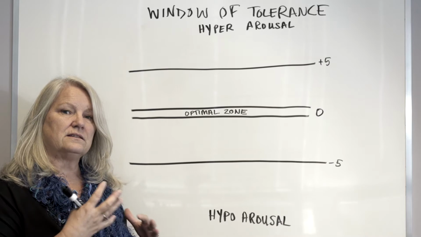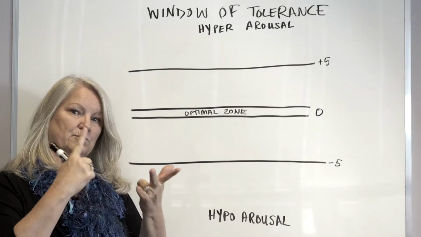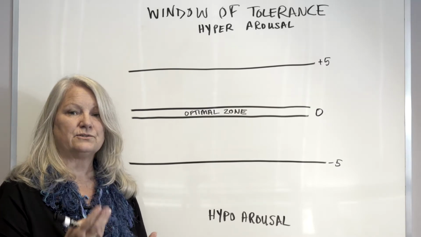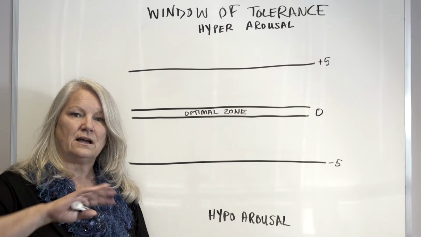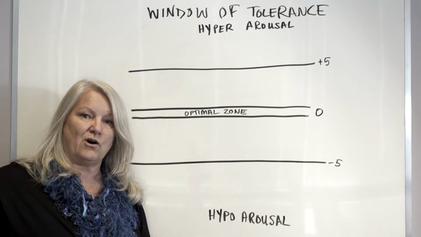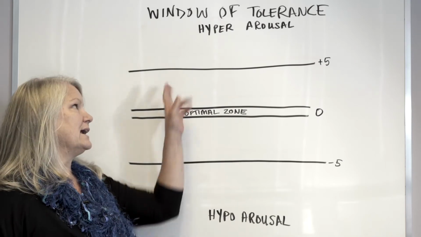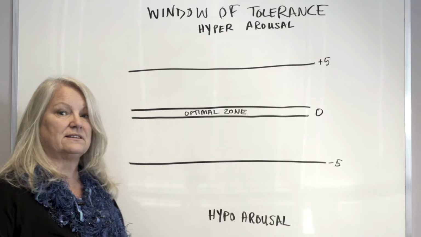It's connected to the size of your window and it's connected to your central nervous system. Your central nervous system is your protective system. I'm going to do another video all about your central nervous system, but I am going to use some of the language, which is our goal when we're presenting this.